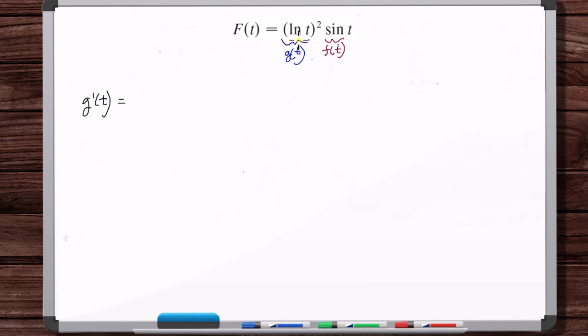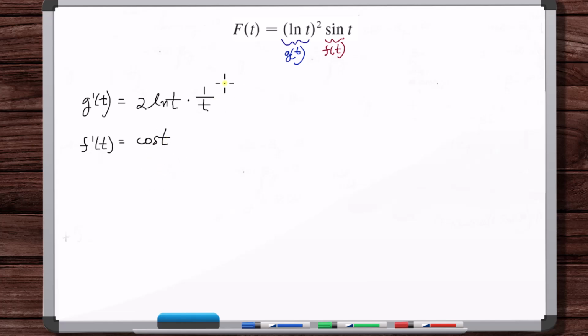We need to use the chain rule. So we've got the derivative of something squared. What is the derivative of something squared? It's 2 times that something times the derivative of that something. And the derivative of natural log of t is 1 over t. Okay? Now, what is f prime of t? The derivative of sine of t is cosine of t.